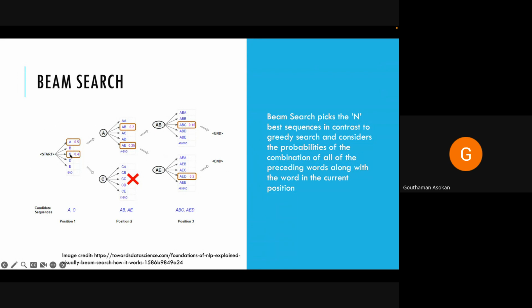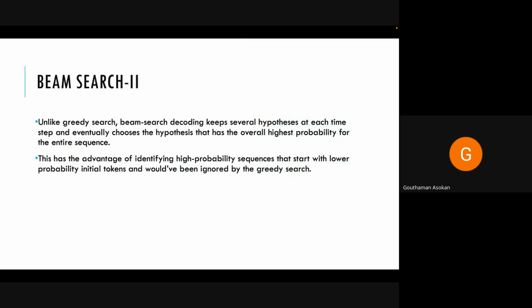There could be a case where C, D, A could be a sequence that could be created. If we had opted for greedy search, that pathway wouldn't have been explored. So this way of exploring the entire sequence helps beam search create diverse results.